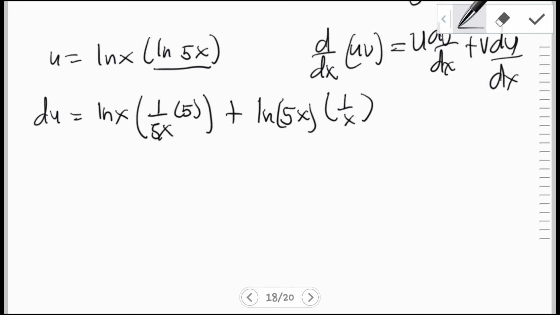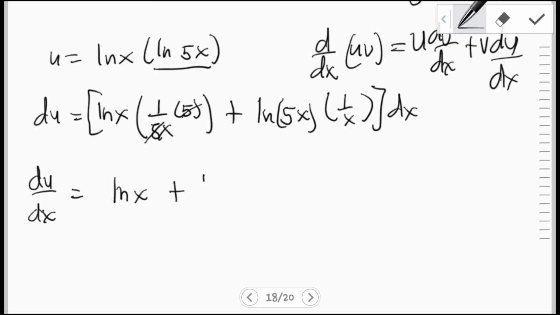So therefore, we can cancel 5 here, so that is ln x times 1 over x plus 1 over x times the ln 5x.